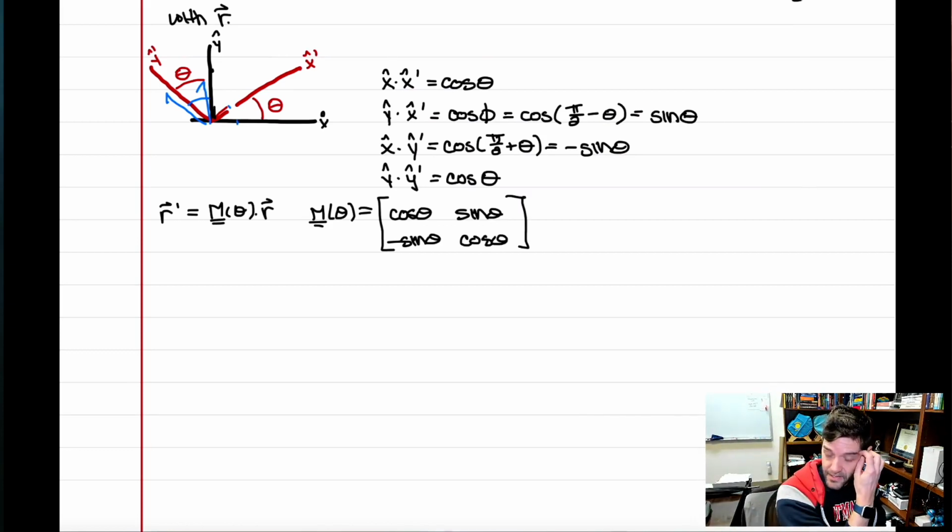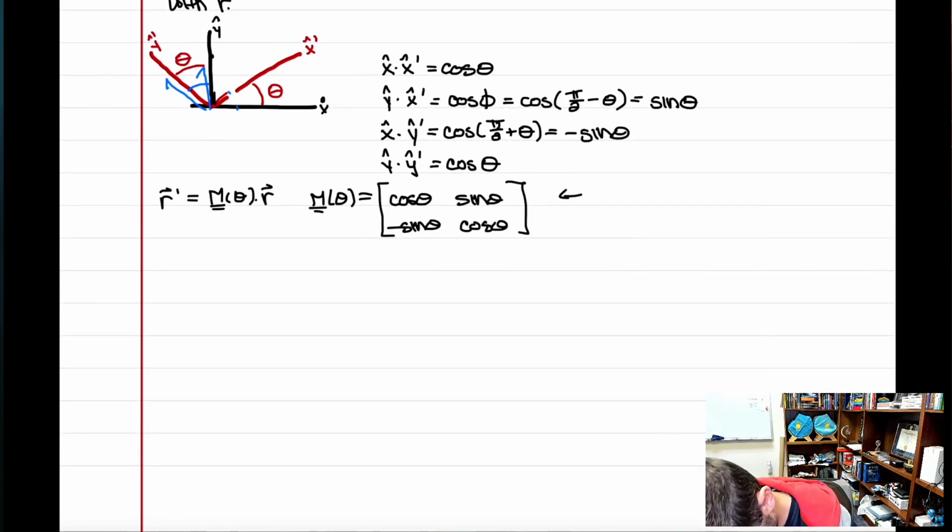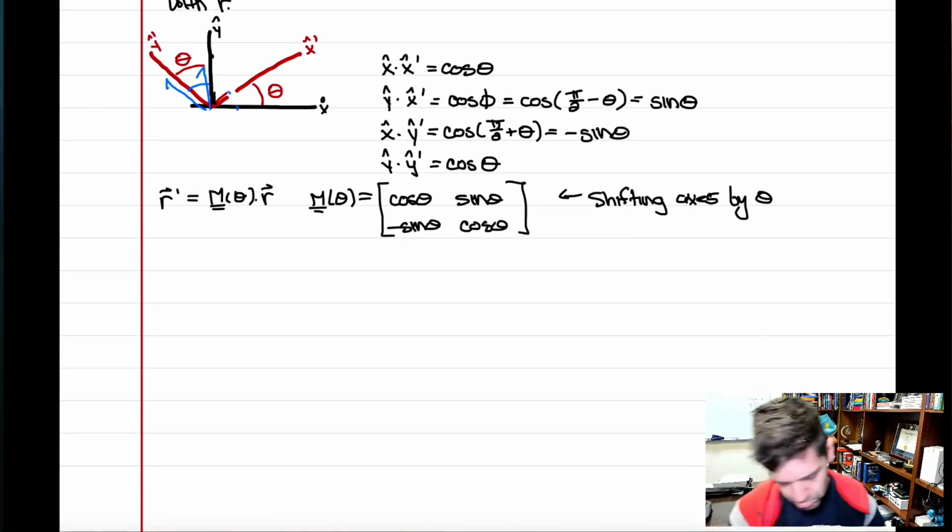If I tell you a theta, that uniquely determines these 4 entries, which you can then apply to the original vector to get the coordinates that it resides in if you were to shift the axes. Again, it's good to remember that this is shifting the axes by theta.